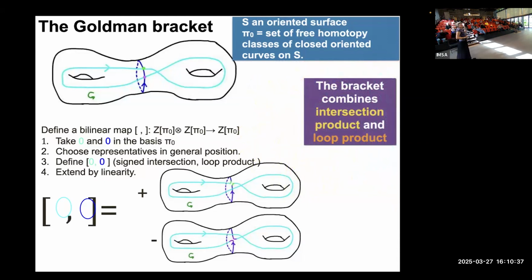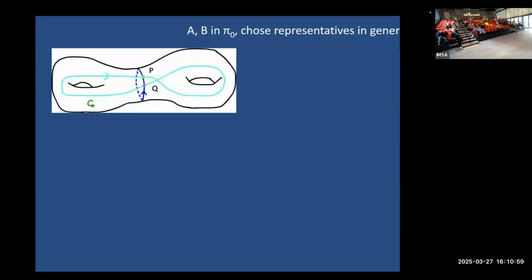So here is a key point: we are combining two very familiar operations. One is the intersection, and the other is the loop product. Of course, if you have two homotopy classes, you can multiply them like in a space, but we go where you can perform that product, and we do it. So what do I have to prove?